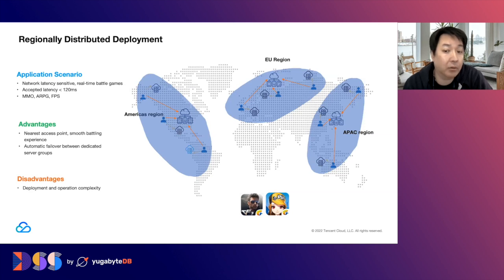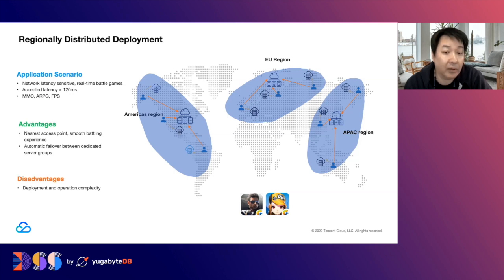The fourth model is the regional distributed deployment, which is deployed by continent, language, or time zone. The application scenarios for this model are network latency sensitive games and real-time battle games.